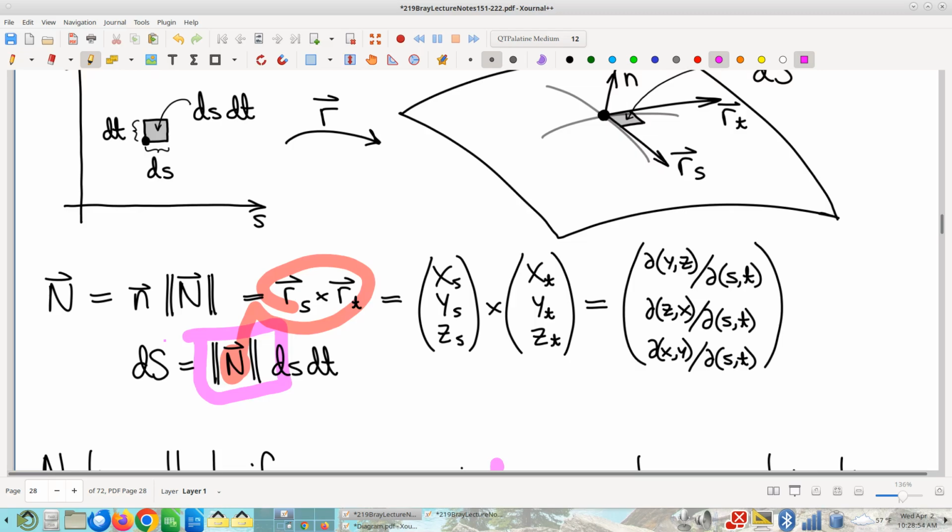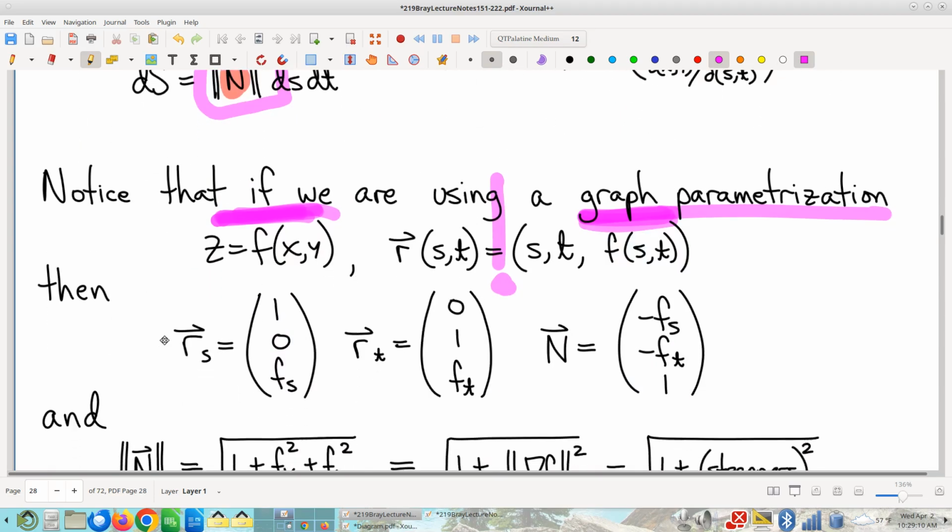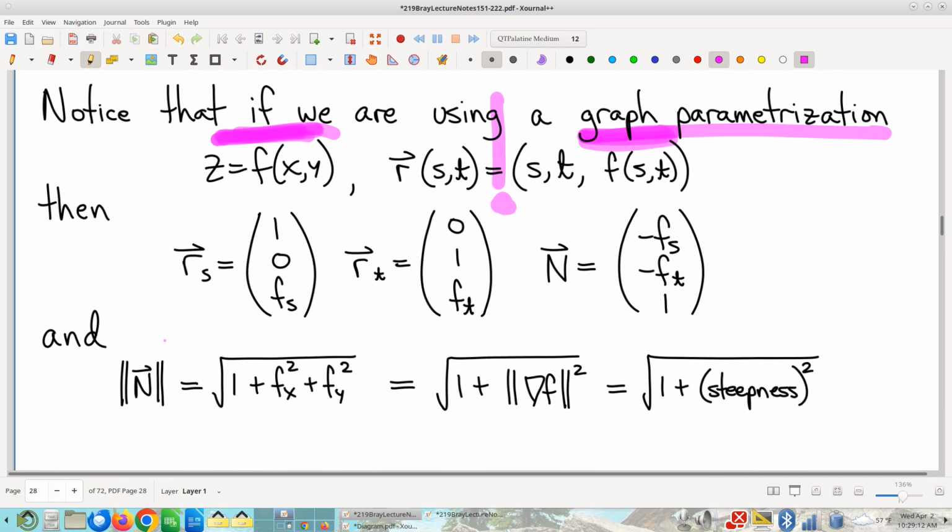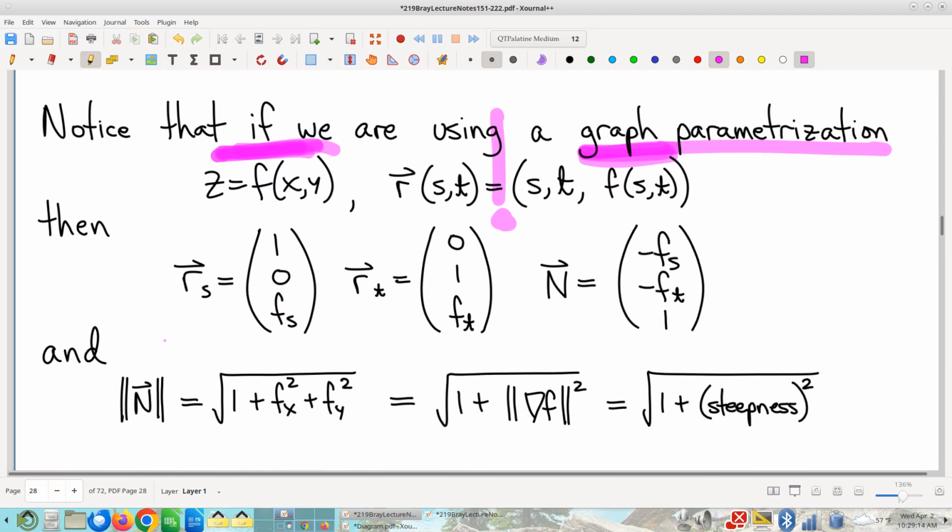You will experience situations where a graph parameterization will not work. Specifically, a rectangular graph parameterization doesn't work. Right? The surface is not suited for that for whatever reason. So you have to know the general formula. This special case is a handy alternative for those times in which you do use a rectangular graph parameterization.